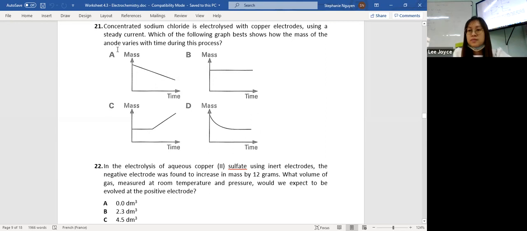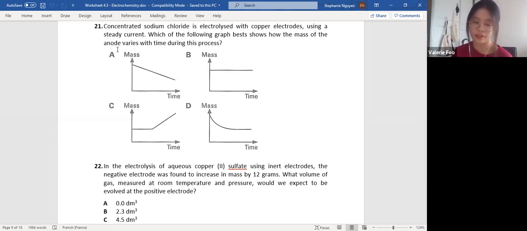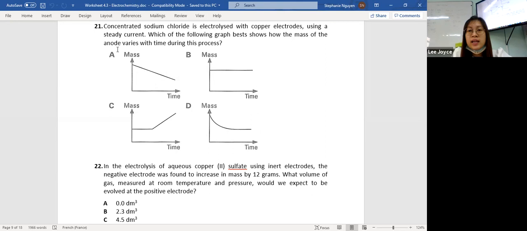So the chloride ions won't get discharged. The chloride ions will only get discharged after the copper electrode has been fully oxidized. But in the immediate observation, you should see that the copper anode will get depleted over time.